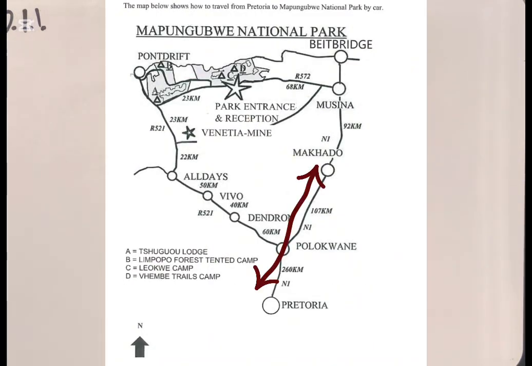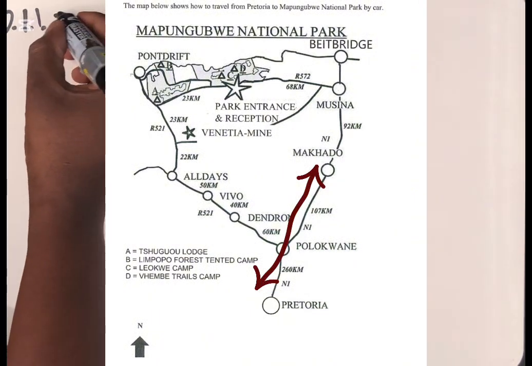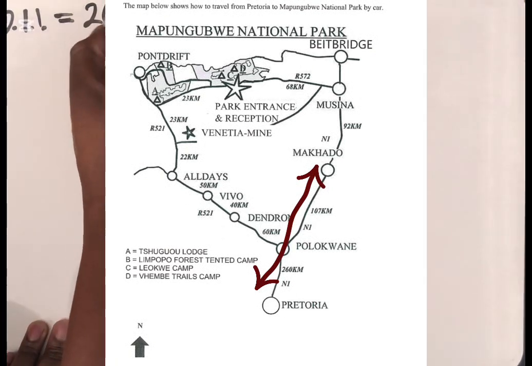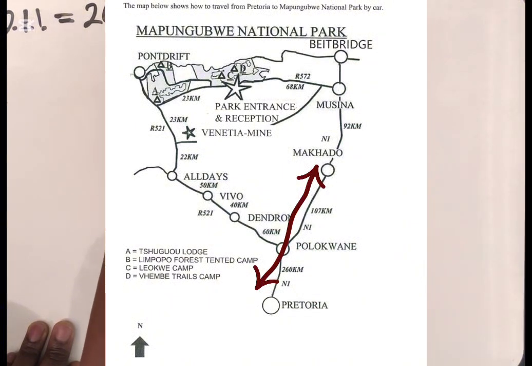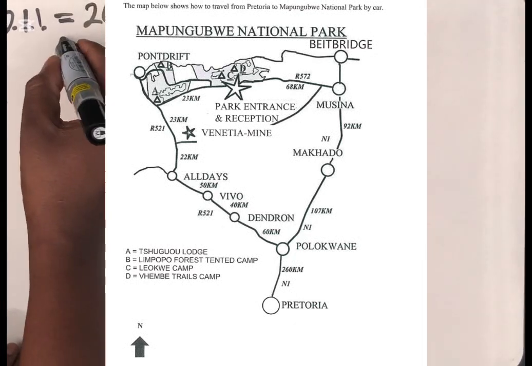If we go back to our map here, the distance between Pretoria and Makhado is going to be given by the distance from Pretoria to Polokwane, which is 260 kilometers, plus the distance from Polokwane to Makhado, which is 107 kilometers.